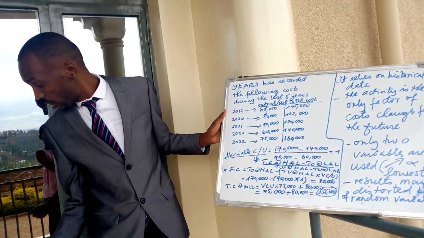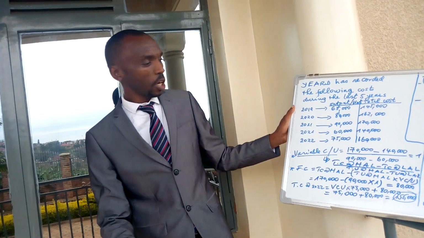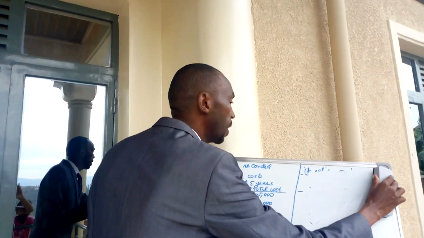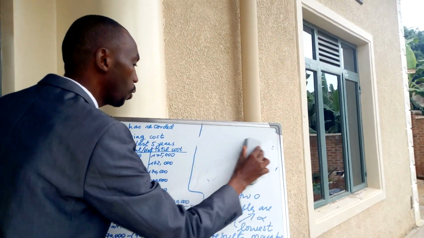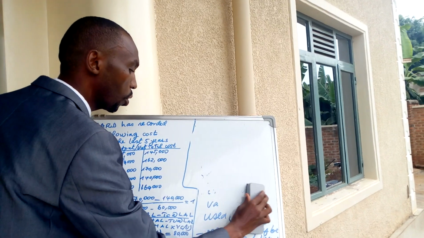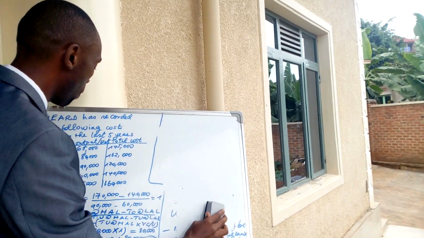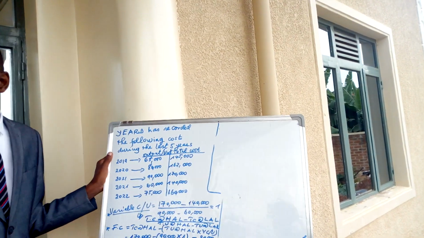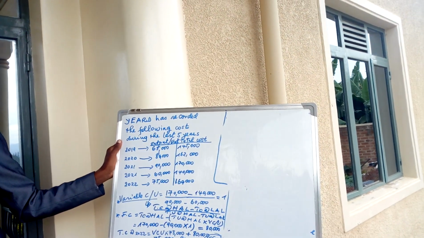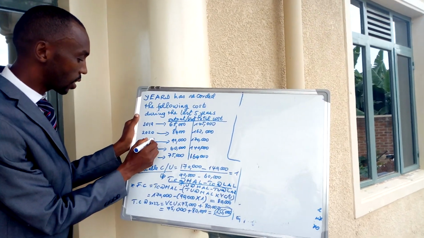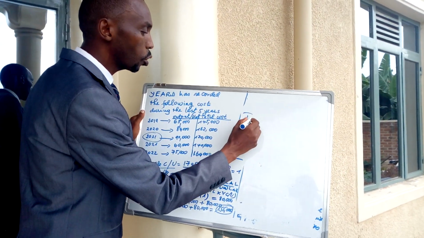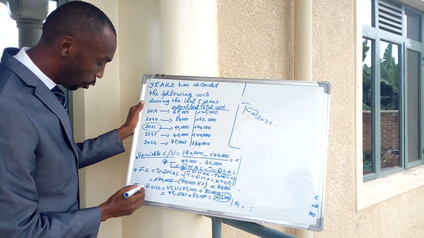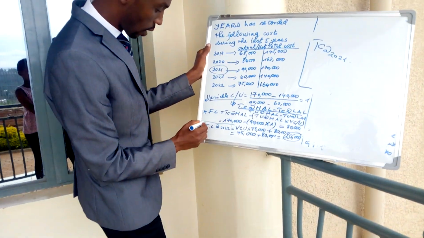Here, if you want, you can continue now estimating the costs. For example, let's take the total cost where we are having the unit output that is the highest. Where the output is the highest is in 2021. Total costs for the period 2021, we will now use the same formula.